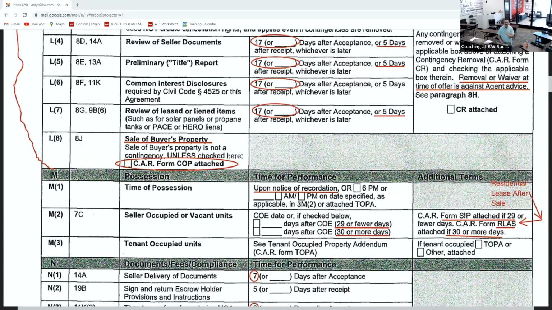You can either remove your contingency and continue with the sale, or if you don't remove this contingency by such and such date, I am free as the seller of this house to accept this other offer that I've got. So there's a couple ways that you can work the contingency for the sale of the buyer's property.